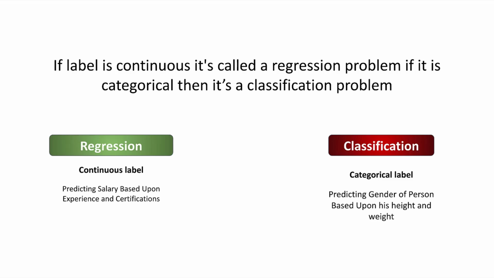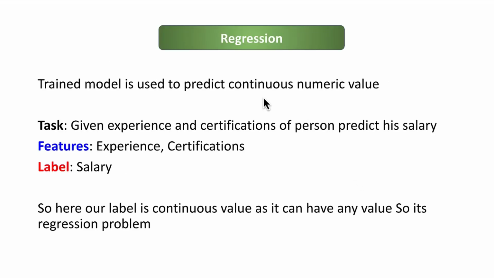Now let's look at regression. In regression, the trained model is used to predict a continuous numeric value. For example, given the experience and certification of a person, predict his salary. Here our features are experience and certification, and our label is salary. As salary can be any value, it is a regression problem.